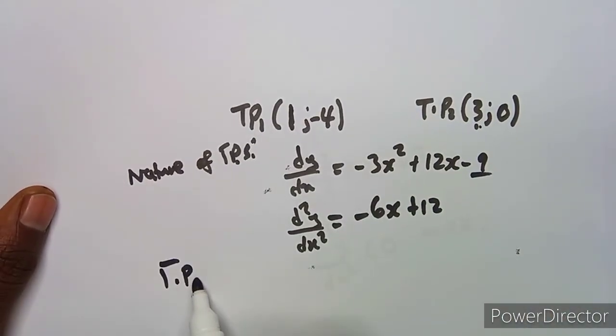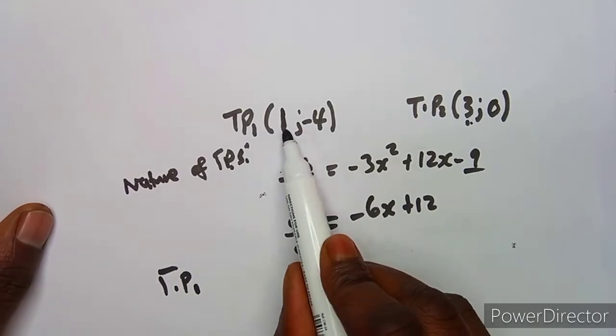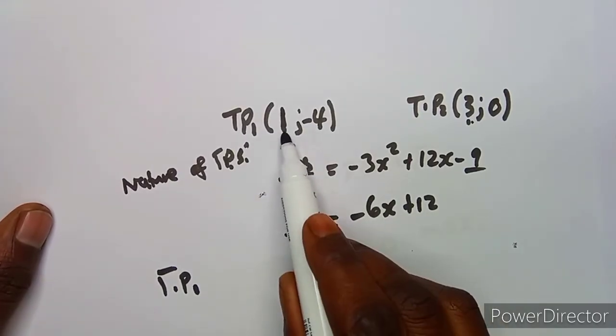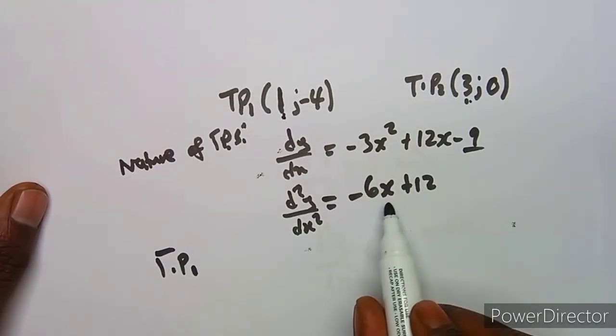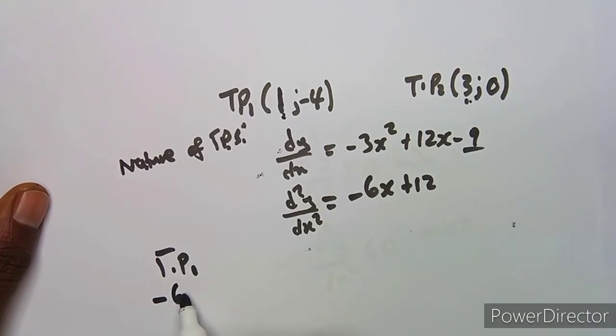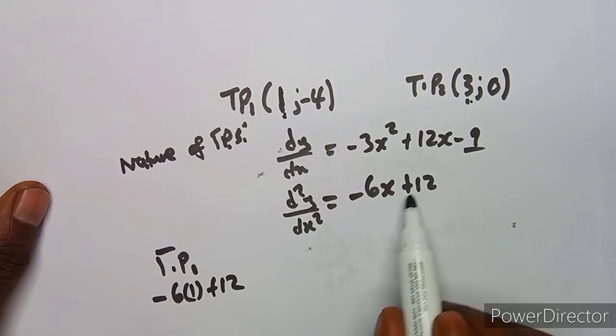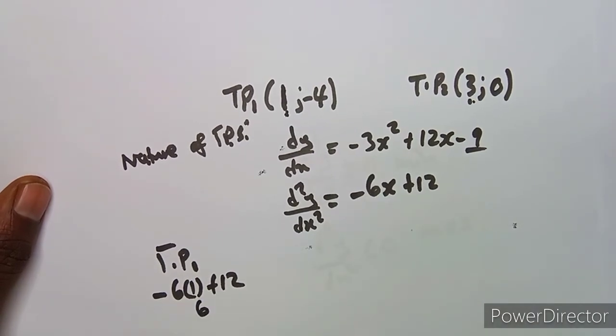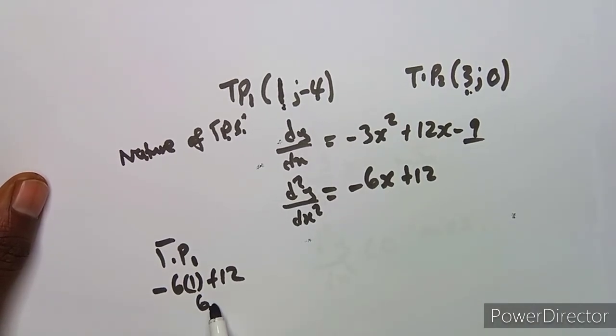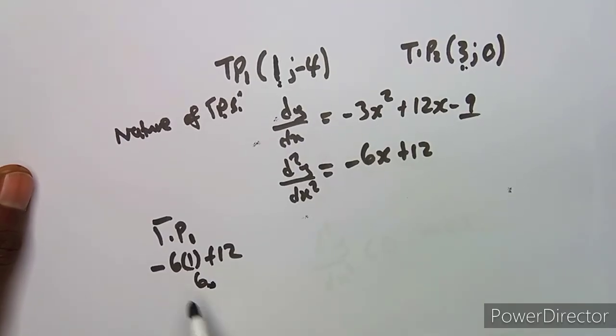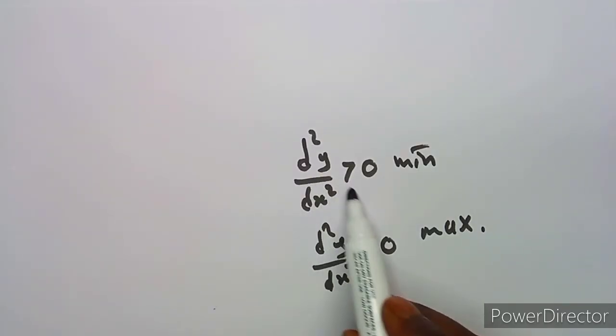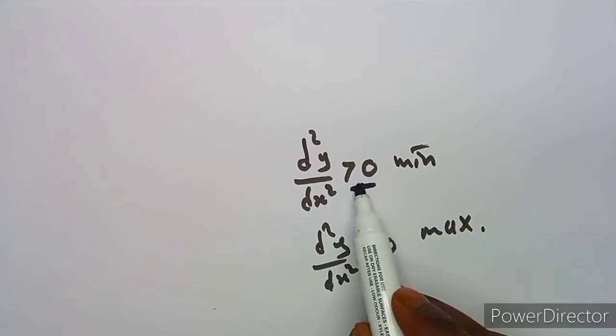Using the first turning point, x is equal to 1, when we substitute, we obtain minus 6 times 1 plus 12, which is going to give us a positive 6. So as we can see, a positive 6 here simply says that the second derivative is greater than 0, because it's giving us a positive.